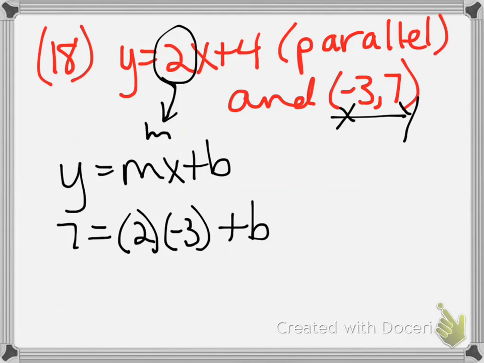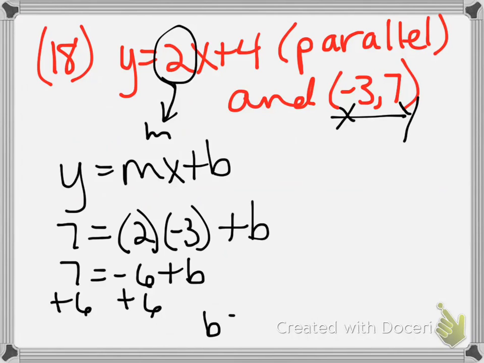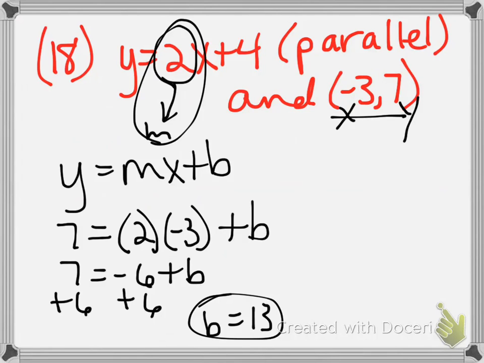We do not know b. So 7 equals negative 6 plus b. To get b by itself, I'm going to add 6 to both sides. So b equals 13. b equals 13, m equals 2, so you put that all together, and my solution is y equals 2x plus 13.